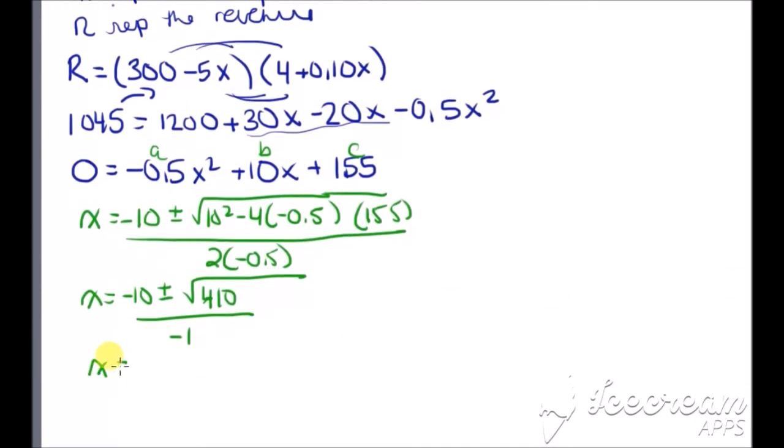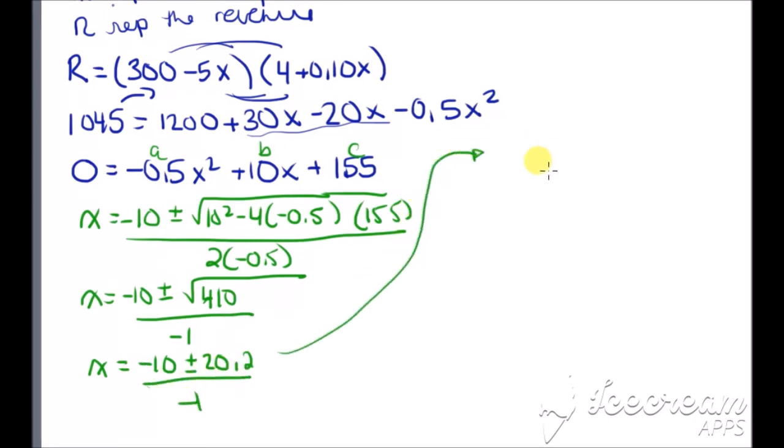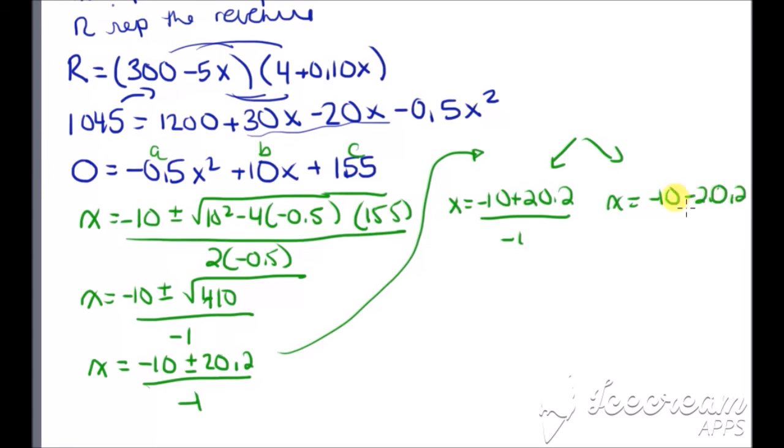Okay, so x equals negative 10 plus minus, I'm going to actually go ahead and root this, 20.2 all over negative 1. Okay, so let's actually branch off. We have x equals negative 10 plus 20.2 over negative 1, and then we're going to have negative 10 minus 20.2 over negative 1.